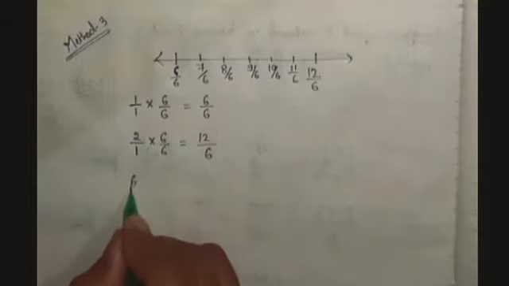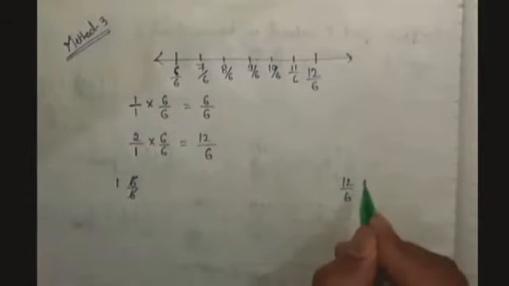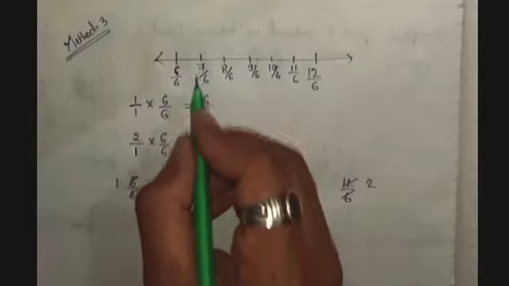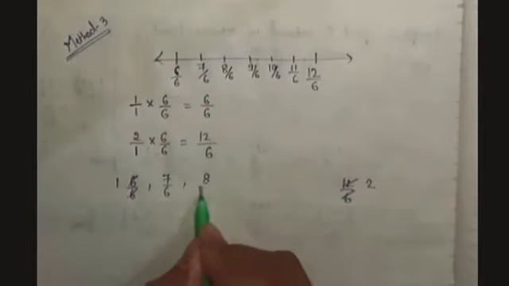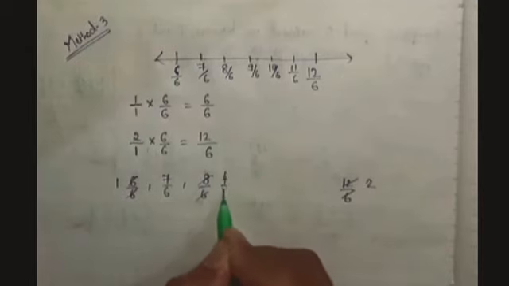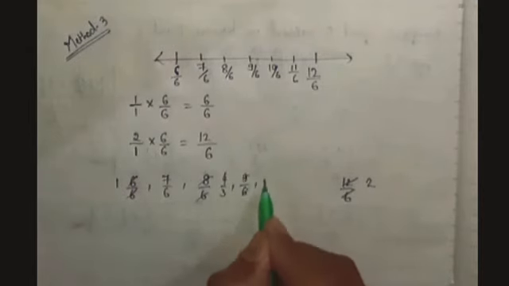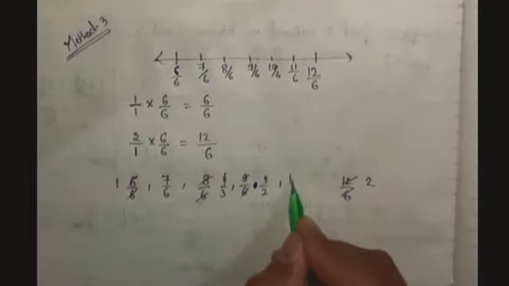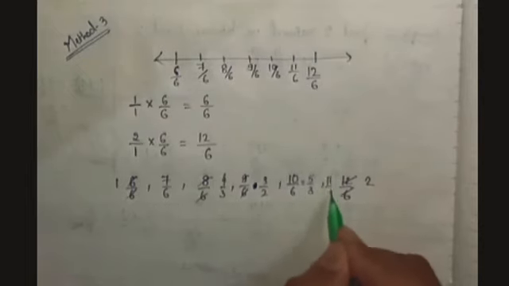That means I can write it as 6 by 6, 12 by 6, this number is 1, this number is 2, and in between I can write 7 by 6 is one number, 8 by 6 that can be 4 by 3, right? 9 by 6 that is 3 by 2, clear, right? And 10 by 6 that is 5 by 3, and the last one is 11 by 6.